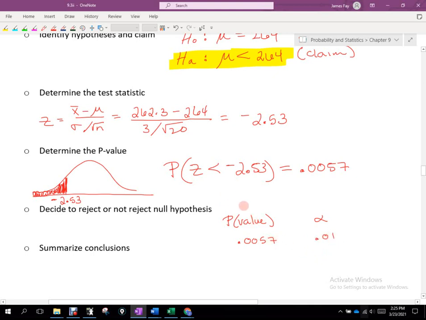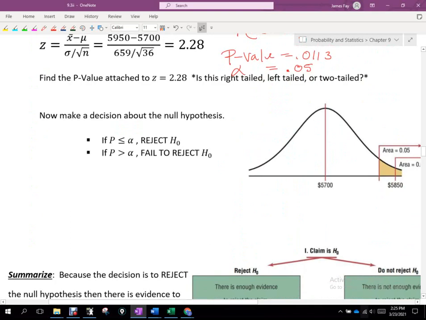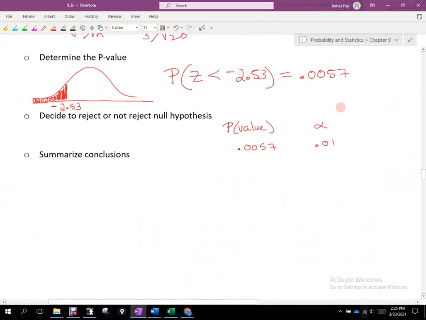And I suggest to always put the p-value first, because that's how we decided up here in the notes. Okay, notice that the p-value always comes first in these decisions. Okay, so if I look at my p-value, how does this p-value relate to that one? They're obviously not equal. Is the p-value more or is the p-value less than 1%?